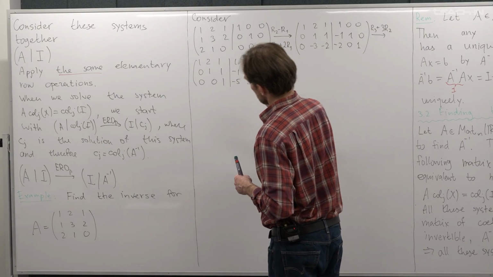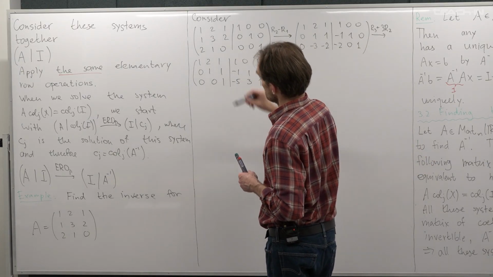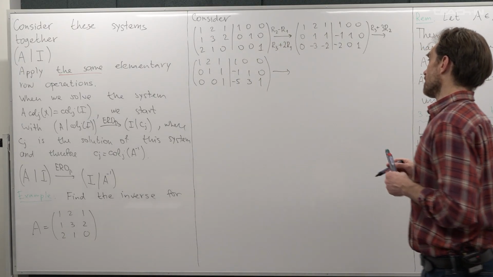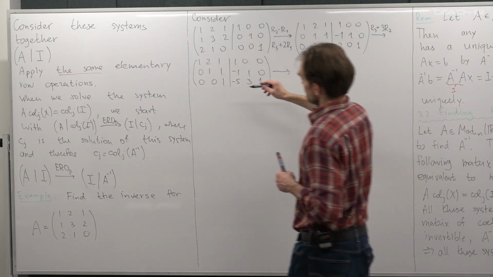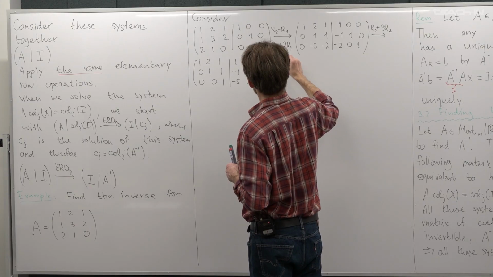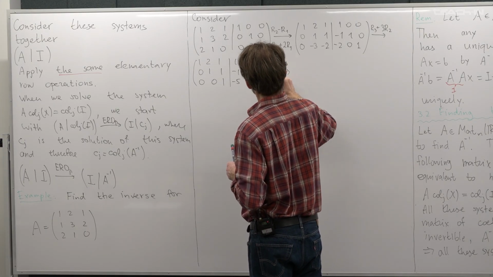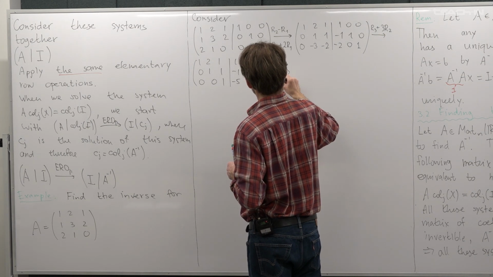So I'm going back from the right to the left here in order to kill all the elements in the upper triangle of this matrix. So I subtract the third row multiplied by just 1 from the first row and from the second row as well.